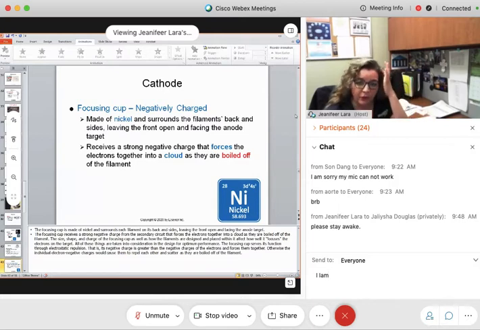The focusing cup is made out of nickel. It surrounds the filament. It houses the filament everywhere except in the front. It will hold a negative charge.